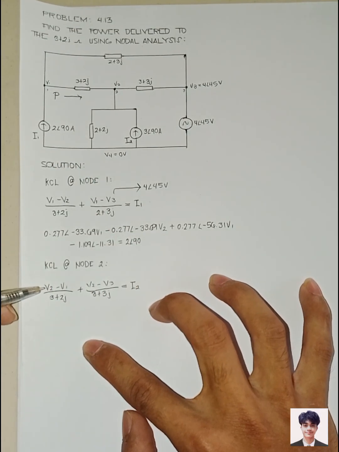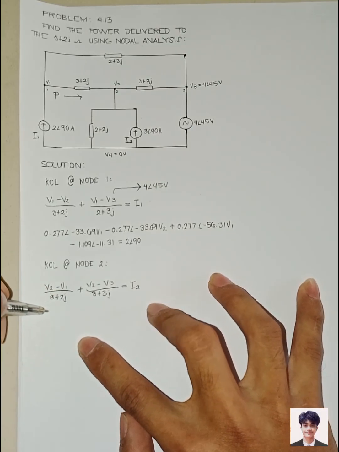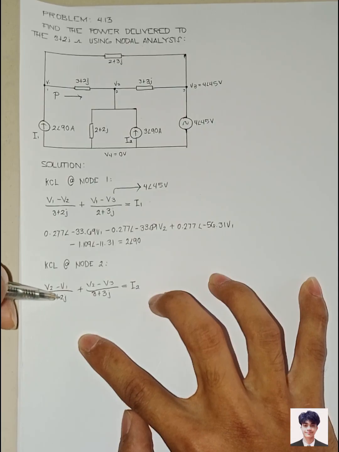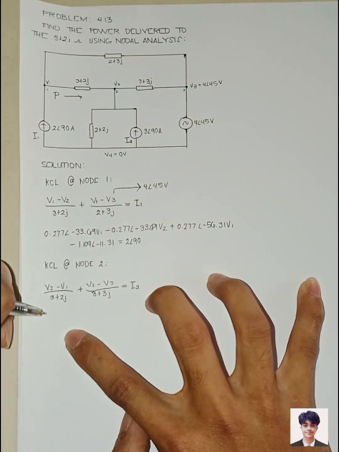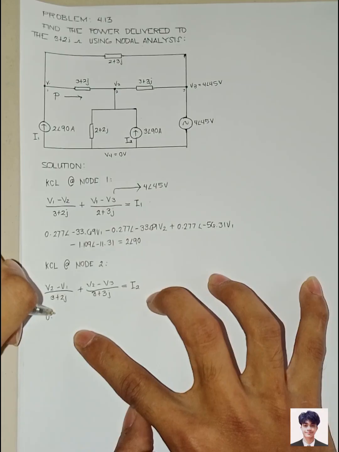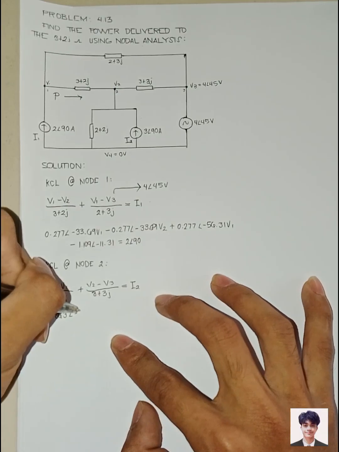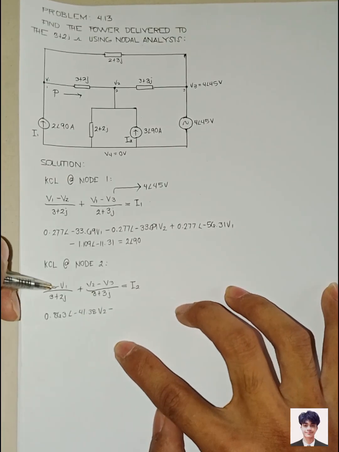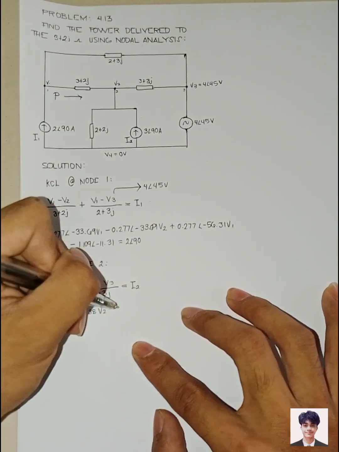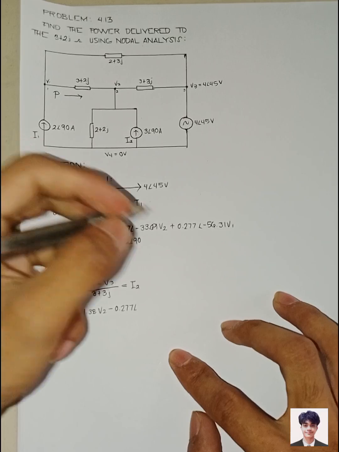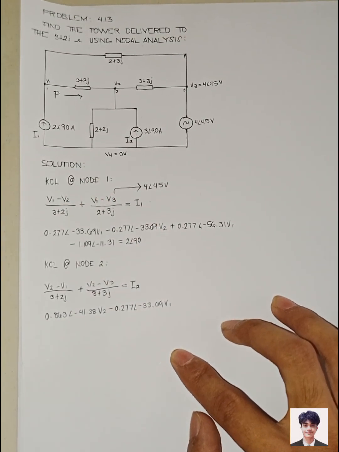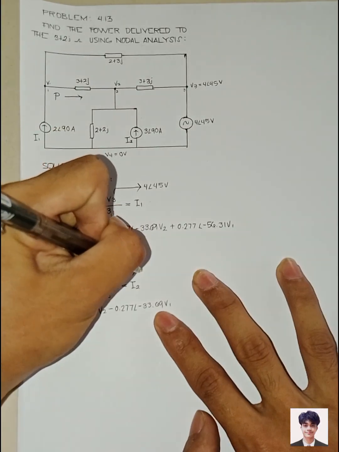So we're going to solve the values. 1 over 3 plus 2J plus 1 over 3 plus 3J is equal to 0.863 angle of negative 41.38 V2. For V1, it's just negative 1 over 3 plus 2J, which is equal to 0.277 angle of negative 33.69 V1. For V3, this is 4 angle 45.